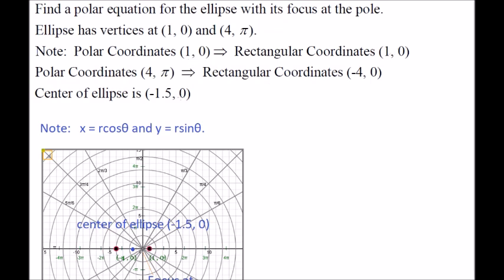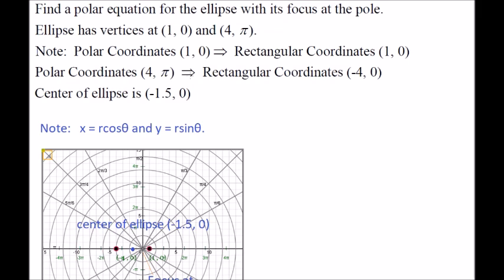For the y-coordinate, it's r times sine of theta, so 1 times sine of 0, which is 0. And so the polar point (1, 0) is also (1, 0) in the rectangular system.